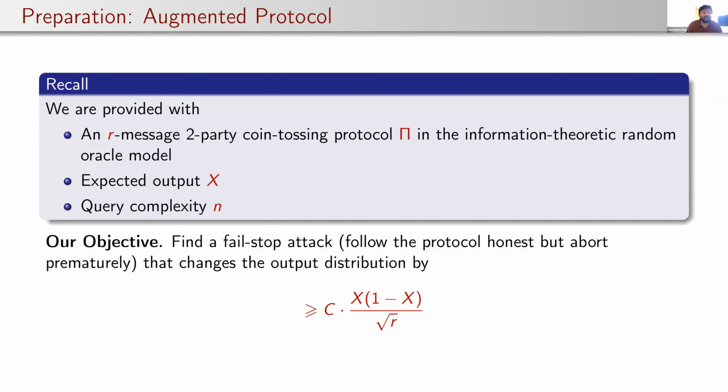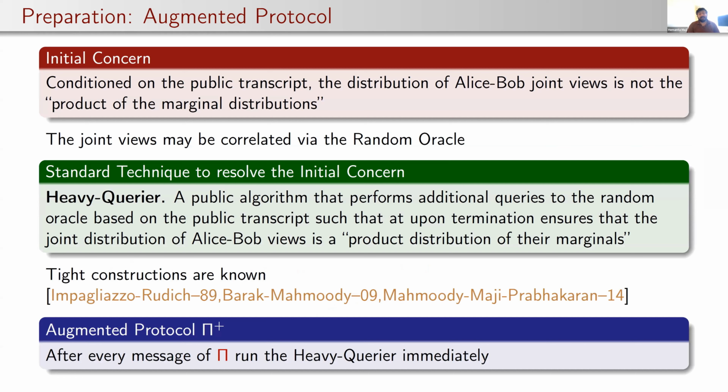So here is the problem setting. We will be given a protocol pi that has R rounds with expected output X, and parties have query complexity N in the information theoretic random oracle model. Our objective is to construct a fail stop attack that changes the honest party's output distribution by variance of X divided by square root of R. So before we delve deeper, let me introduce some technical results that will be needed to prove our results.